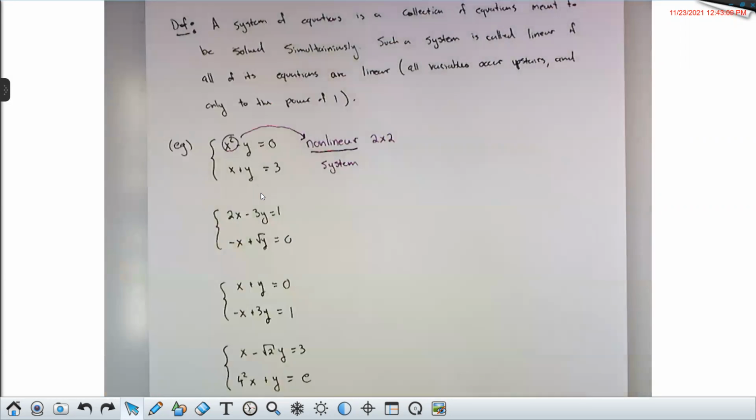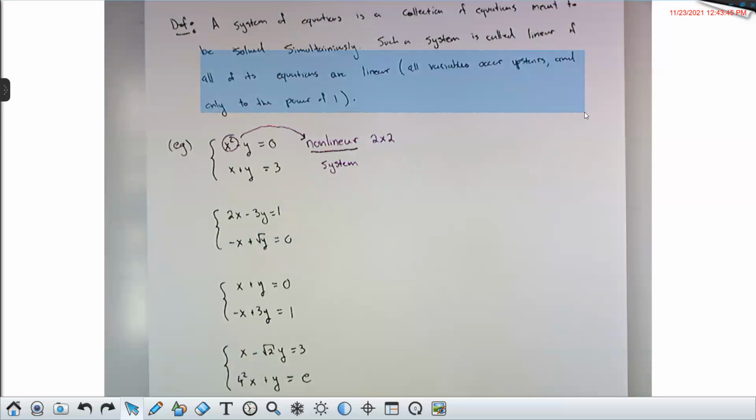What about the second one? It's linear? Yeah, oh, wait, almost. The first equation here, 2x minus 3y equals 1, is linear. That's a line with slope 2/3 and y-intercept -1. But what about the second equation? See anything that could cause us trouble, violating this rule?